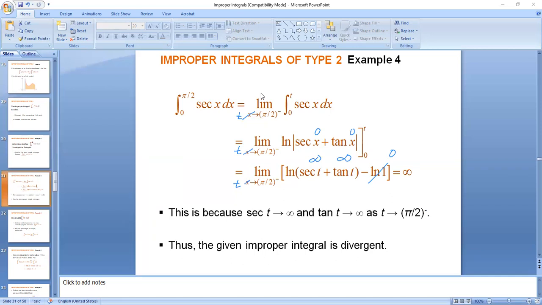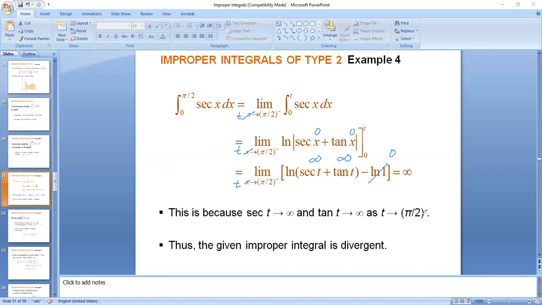So then you have here an infinite and an infinite. So your answer here is infinity. ln of infinity plus infinity is infinity. ln of infinity is infinity. This is because the secant of t and the tangent of t both approach infinity as t approaches pi over 2.